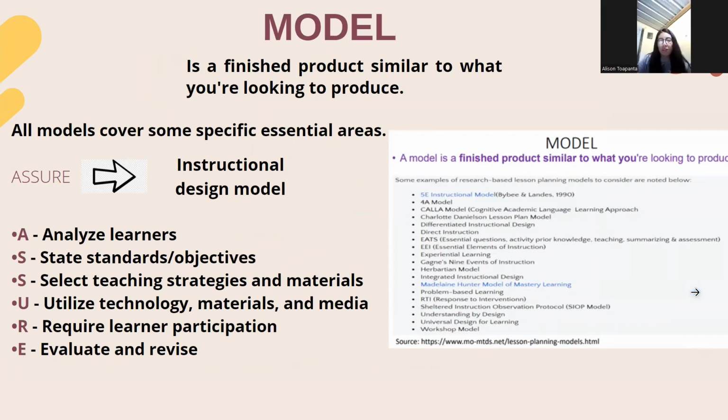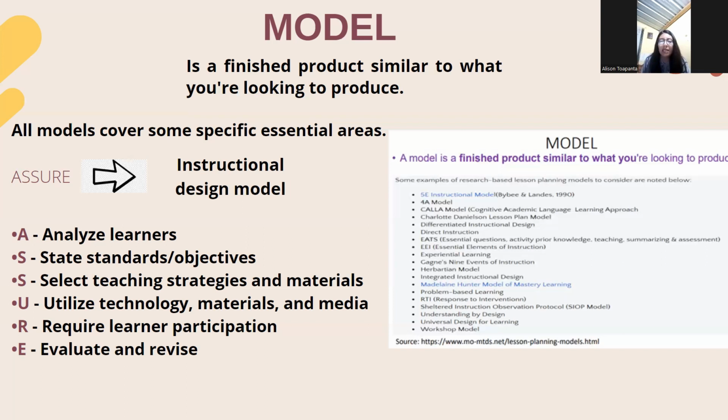Okay, let's continue with the model. The model is a final product. As teachers, we need to follow steps to accomplish the goal for the students. So, we have ASSURE.